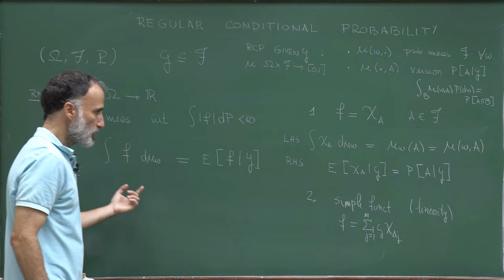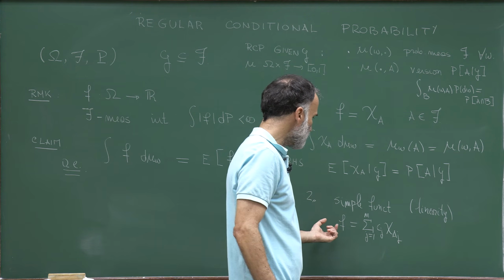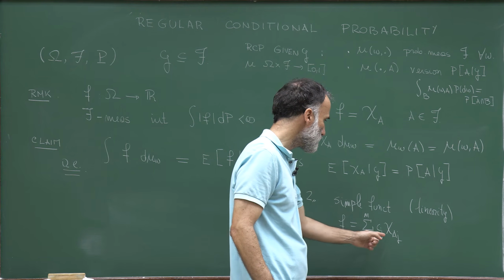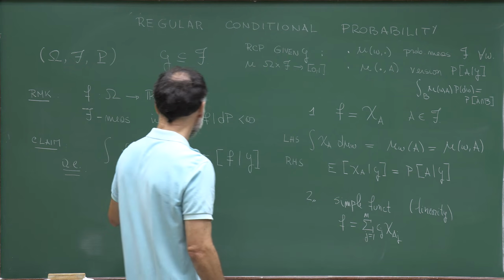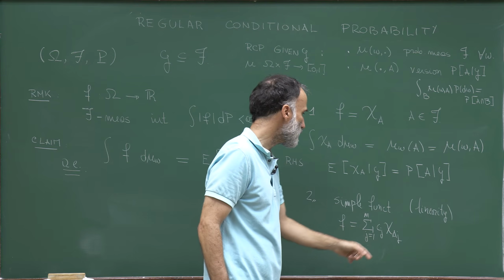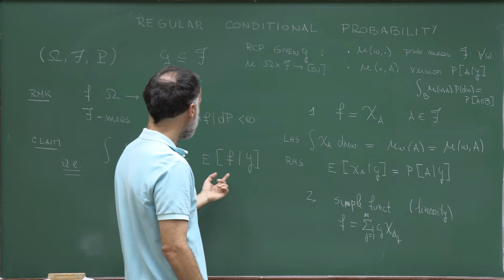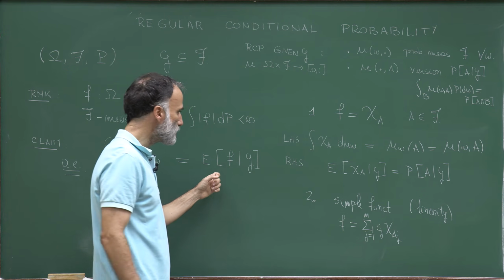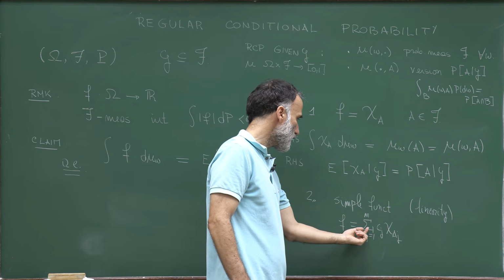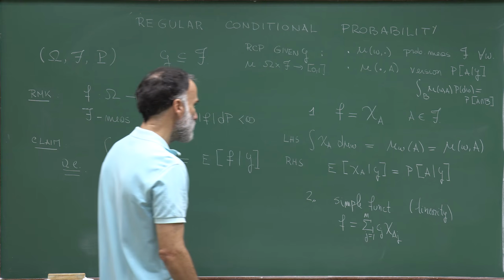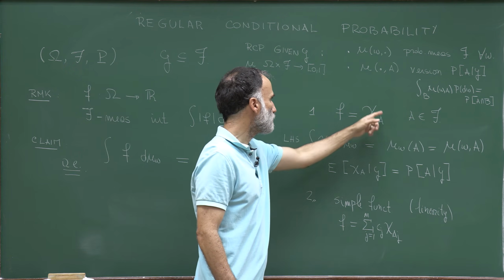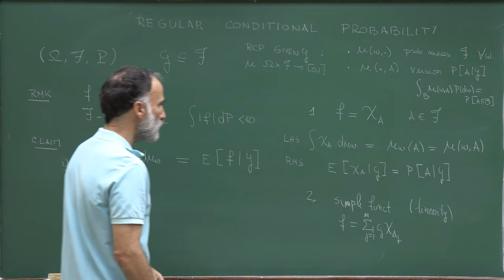So on the left-hand side, I can use just linearity to take the sum outside of the expectation, then the constant, and then apply the identity in the case in which f is the indicator of this set. And also on the right-hand side, I can use the linearity of the conditional expectation in order to take out the sum and the constants. So once we proved that this identity holds for the indicator function, we get that it also holds for simple functions.